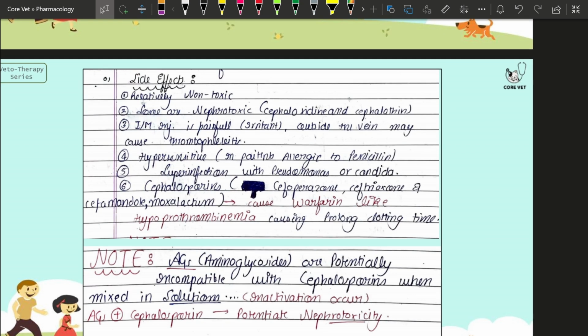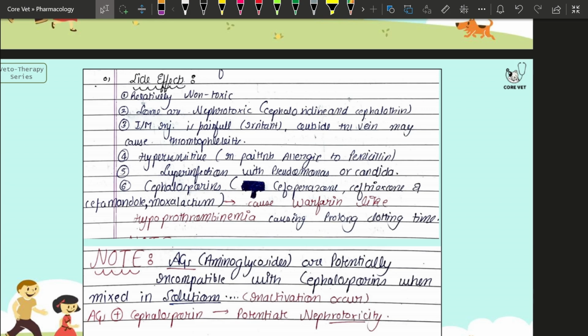Now coming on to the side effects, because the side effects are the thing that you have to look for before prescribing any drug. So it is mandatory to know about the side effects or adverse effects of every class of drug, because in examinations, along with the classification, they are going to ask you about the side effects.